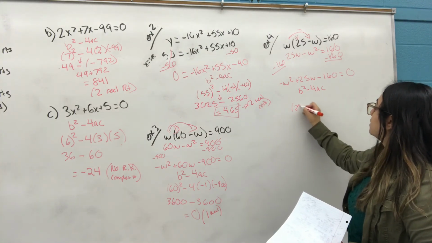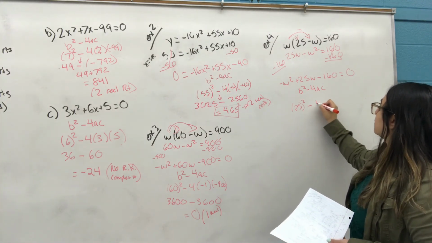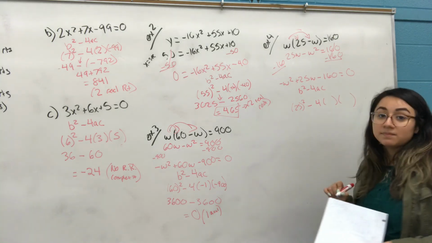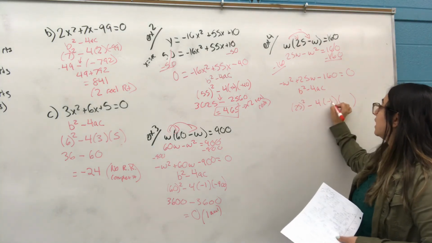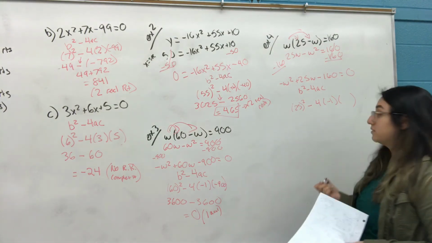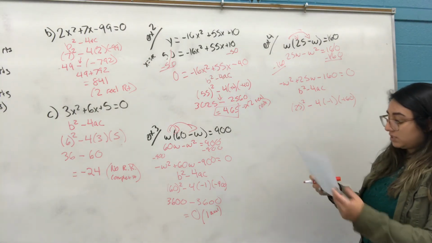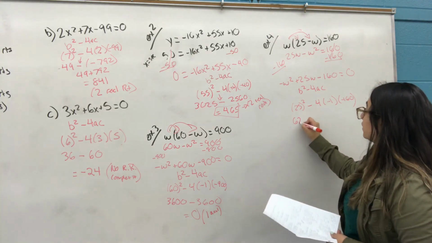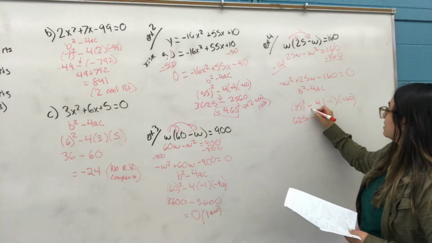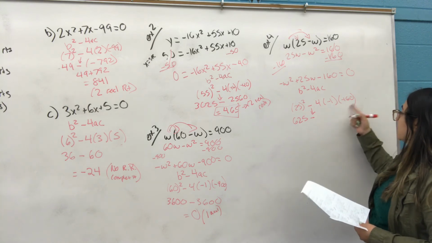So b squared is 25 squared minus 4 times a times c. a is considered negative 1. Negative w squared has a number in front of it. c is your constant, which is negative 160. Now, solving for it, you get 625 for 25 squared minus 4 times negative 1 times negative 160.